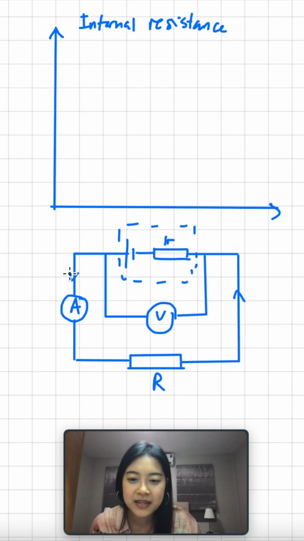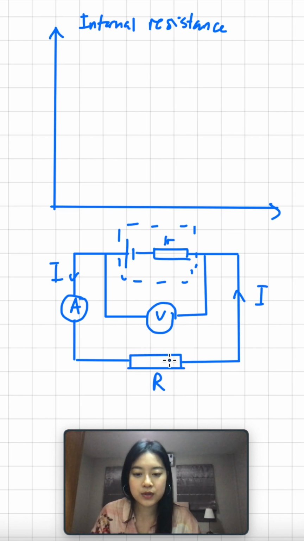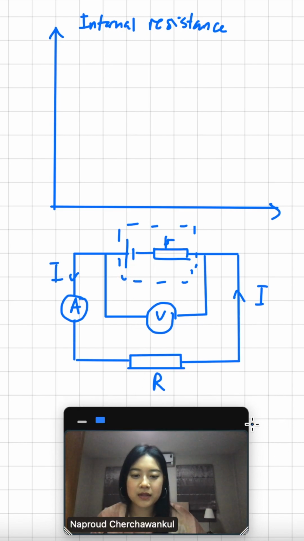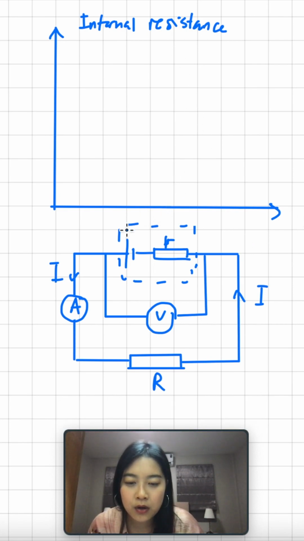So this is the battery, this is the internal resistance, and this is the external resistance, the resistance outside of the battery, which could just be a light bulb or something. We're going to call the internal resistance small r and the external resistance large R. I also put an ammeter there, which measures the current, and a voltmeter, which is connected around the battery.